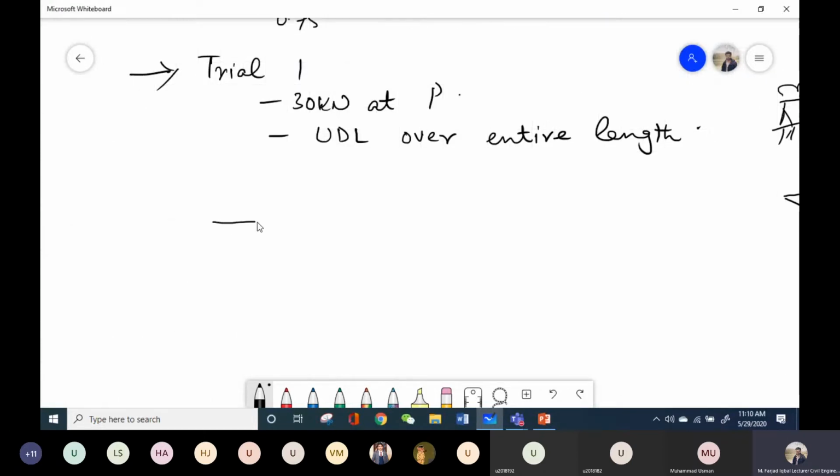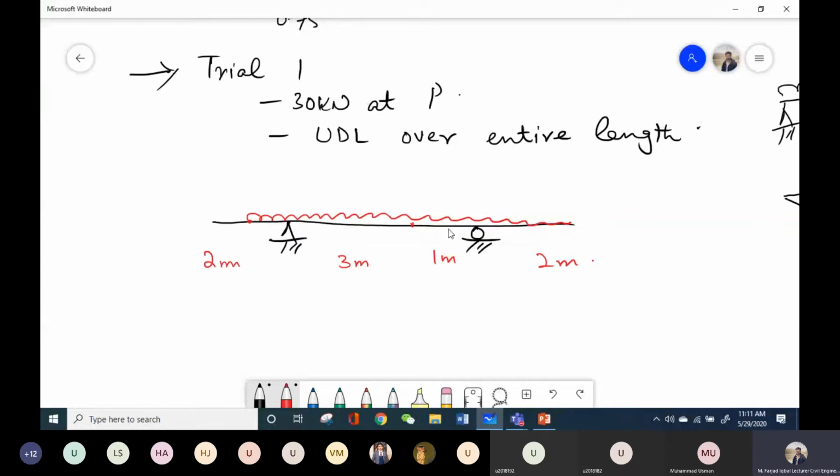So this is my beam with a hinge and a roller support, and this length is 2 meter, 3 meter, point P, this is 1 meter, and this is 2 meter. This is my UDL of 5 kilonewton per meter on 7 meter distance, and 1 meter free on this side. And I have taken 30 kilonewton at point P.